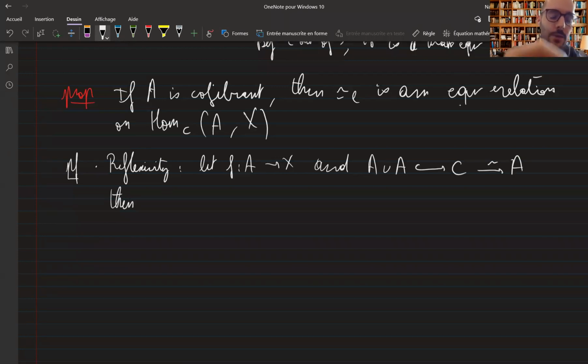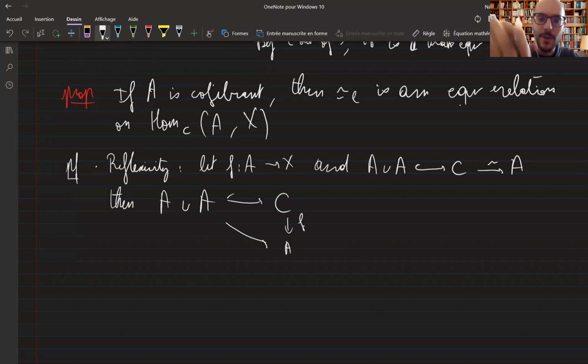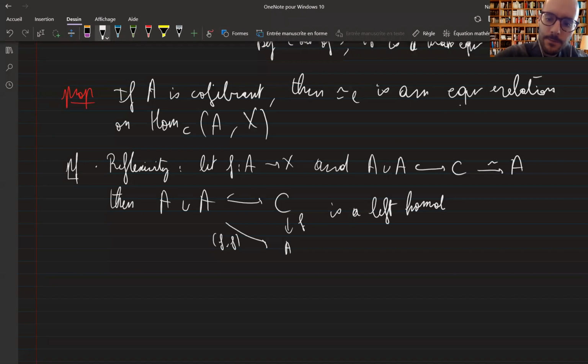Then you can just take a constant homotopy, right? You take F for any possible time component, and this is a left homotopy between F and itself.